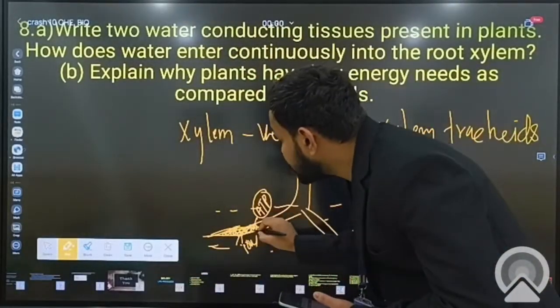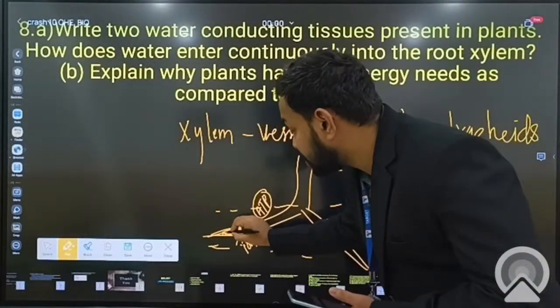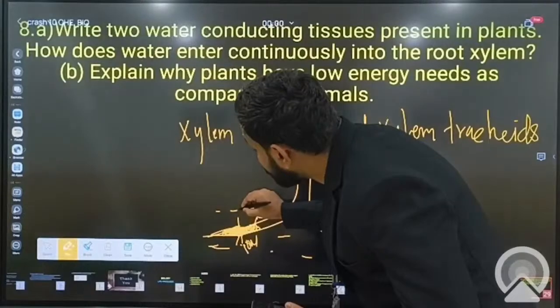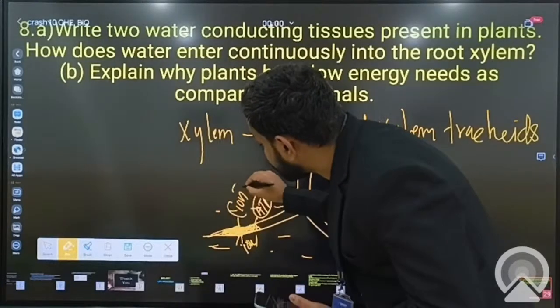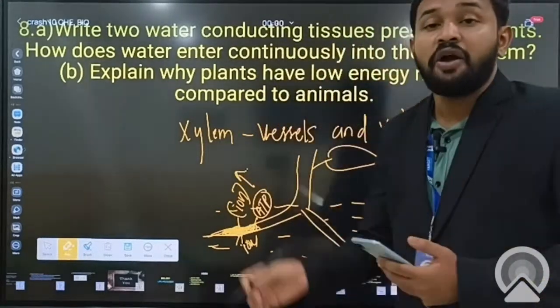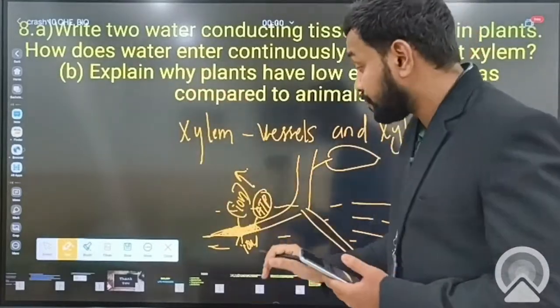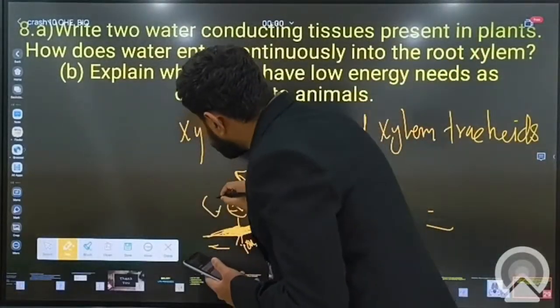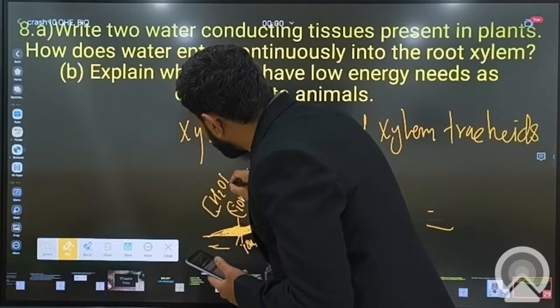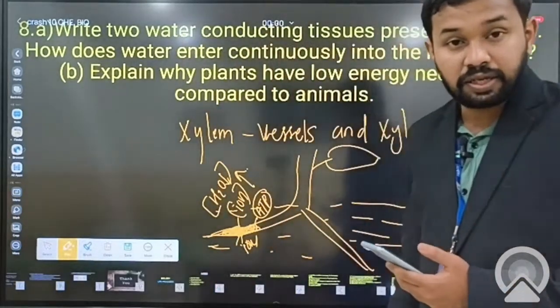Here, the ions are entering into the root through active transport. Here, the concentration of ions increases. When the concentration of ions increases inside the root cell, what will happen? The concentration of water molecules will decrease.